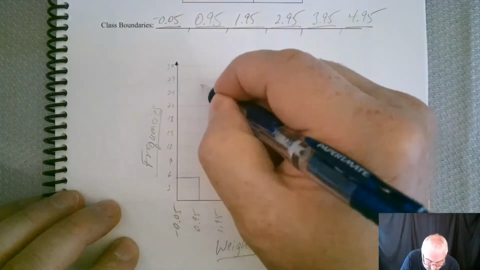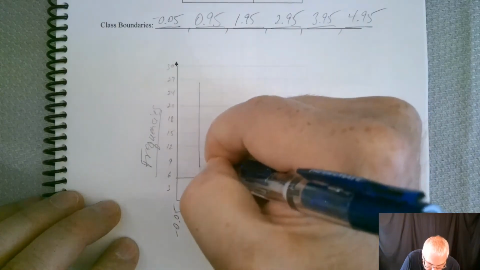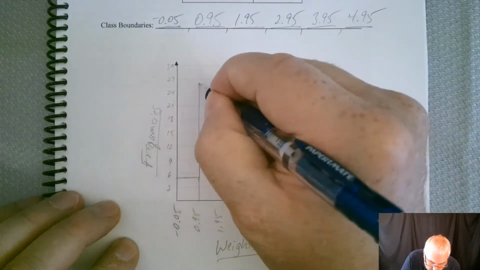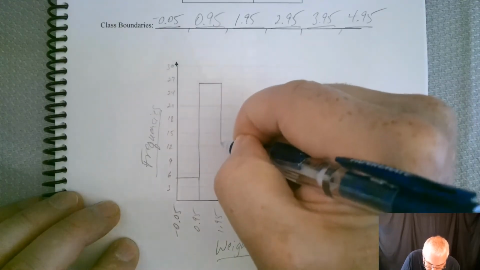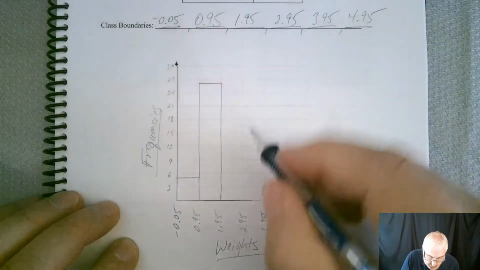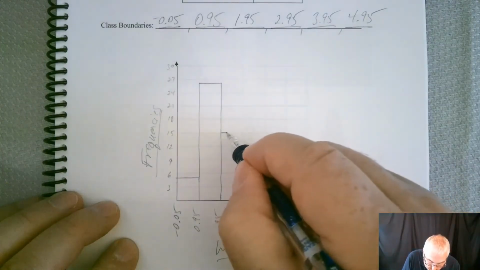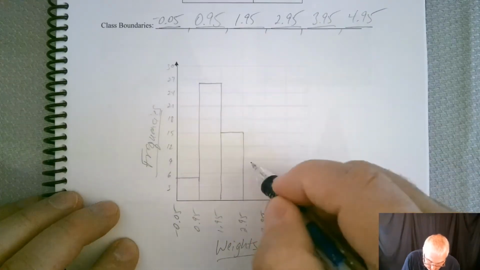26. So 26 is going to be closer to 27 than it is to 24. Then the next one's 15. Oh, that's a nice one. And 12 is a nice one.